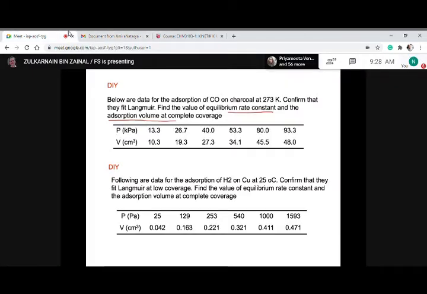And then from the second one, what you have got to determine also is the rate constant and also the adsorption volume at complete coverage. Complete coverage means VM. What's the value of VM? So what is the rate constant? That is the value of K that we have seen earlier.